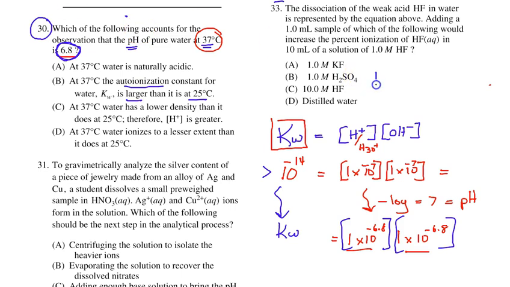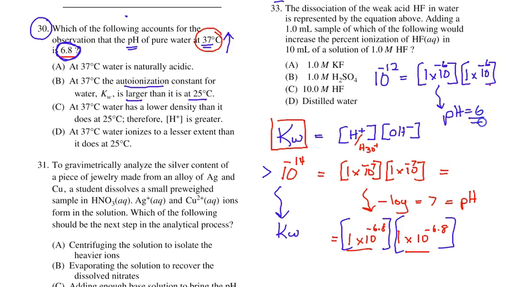To make this 10 to the negative 12, it just got bigger because the temperature rose. Clearly, the concentrations of my hydroxide and my proton are now 1 times 10 to the negative 6. So remember, equilibrium constants are temperature sensitive. In this case, an increase in temperature would make my equilibrium of this ionization of water bigger, and therefore you can see that in the example I gave you here, the pH would be 6. That would be the new neutral pH.